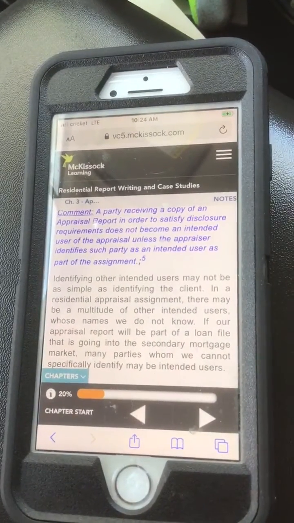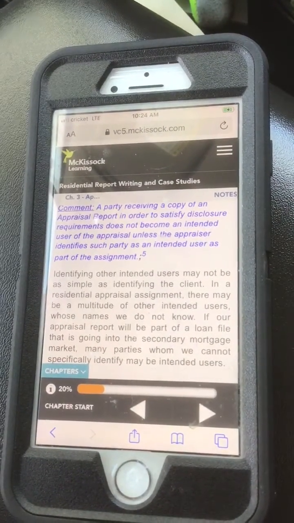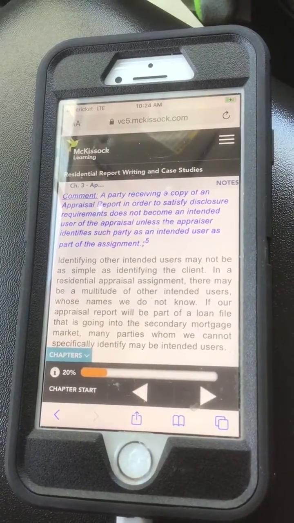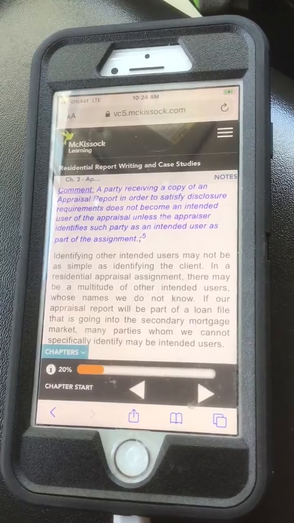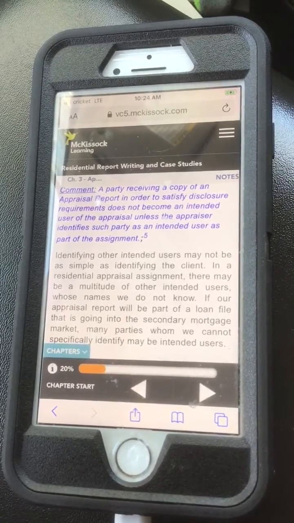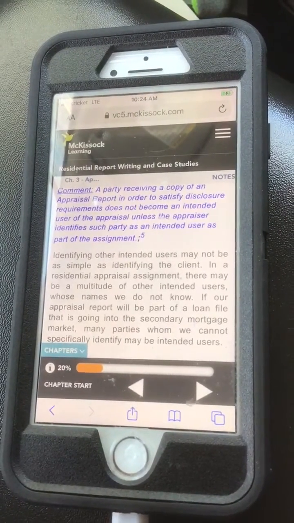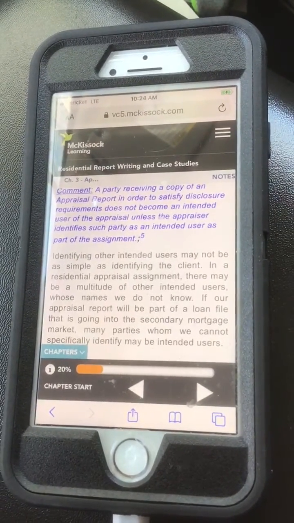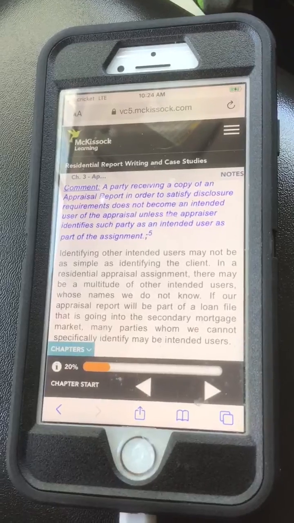A party receiving a copy of an appraisal report in order to satisfy disclosure requirements does not become an intended user of the appraisal unless the appraiser identifies such party as an intended user as part of the assignment.